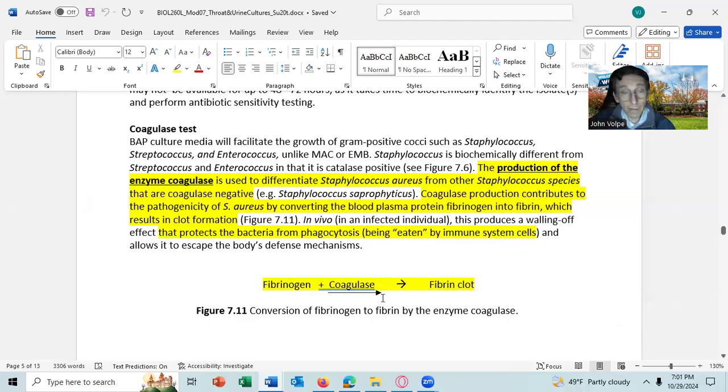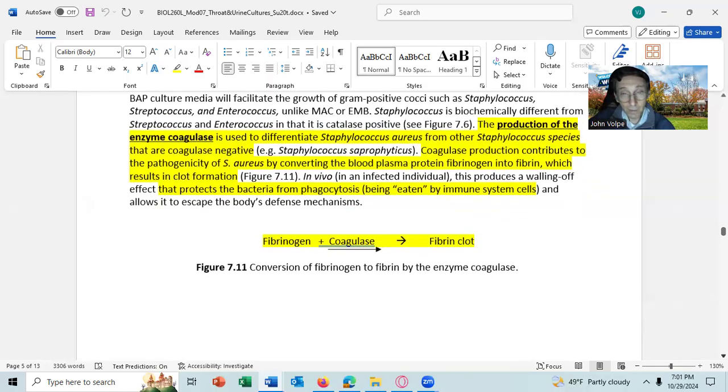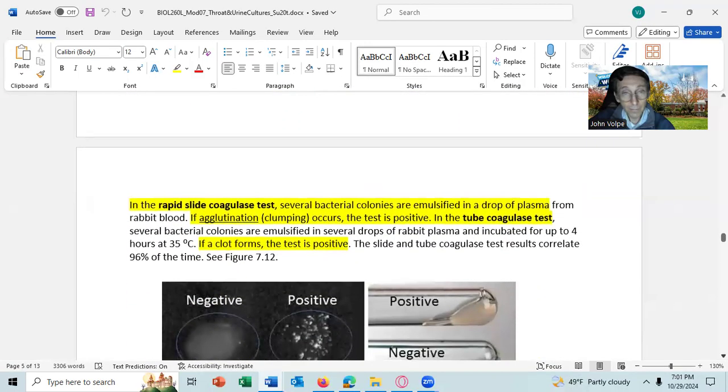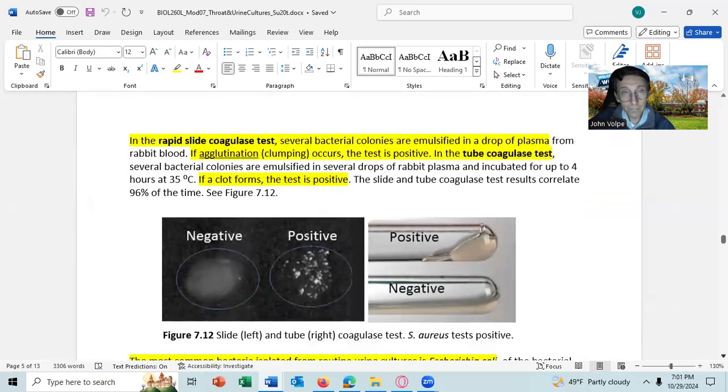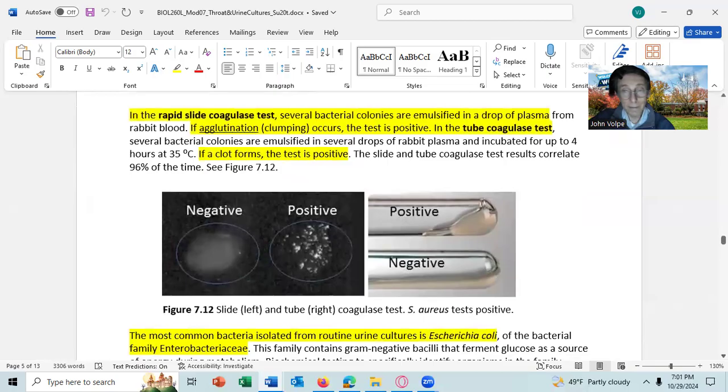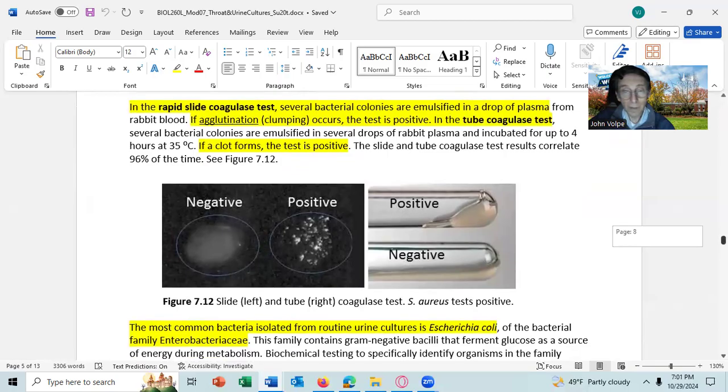So coagulase can convert fibrinogen into a fibrin clot. And you just look to see if clotting forms. And if it does, then it's coagulase positive.